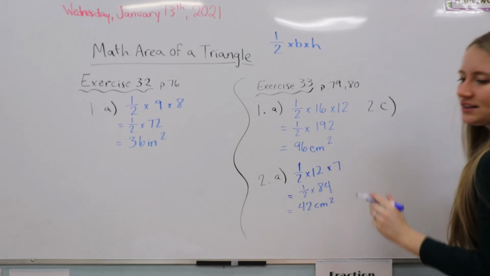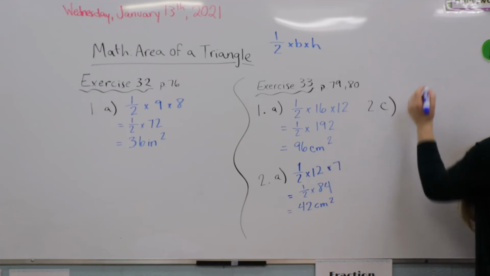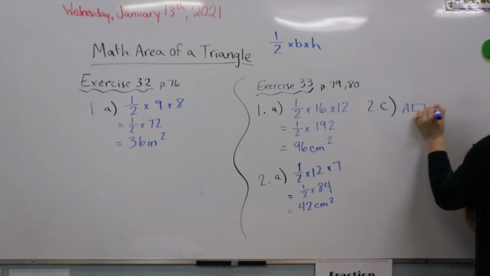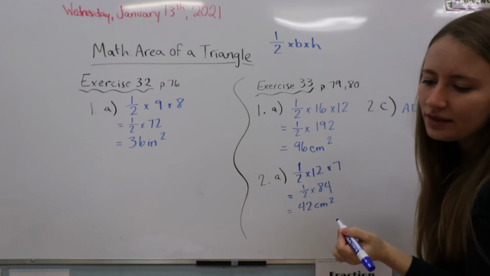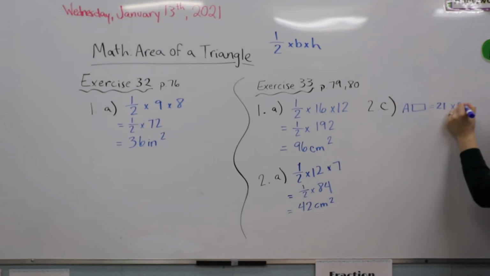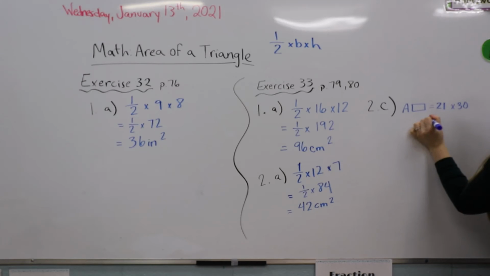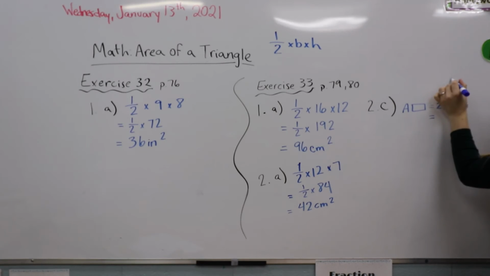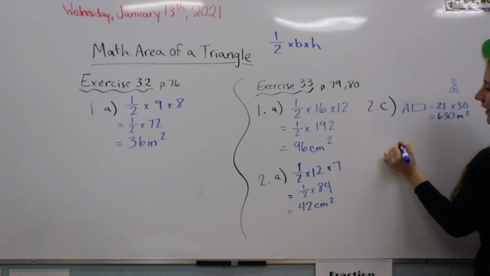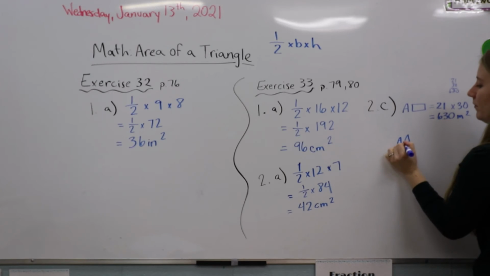For the area of the rectangle, the length, the side, is 21, and our width, or height, is 30. That's 630 meters squared.